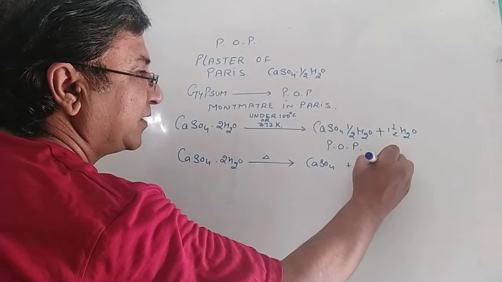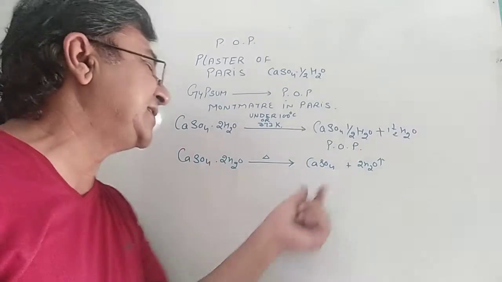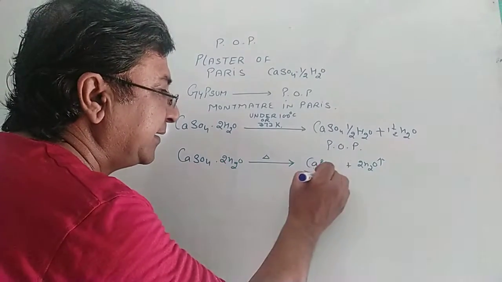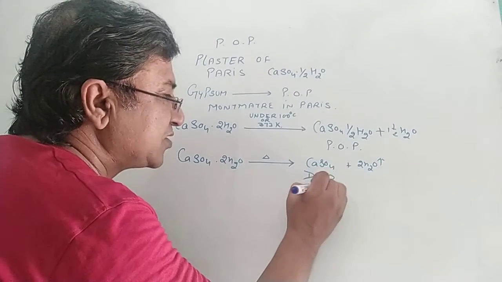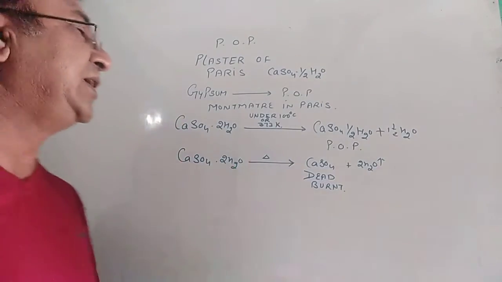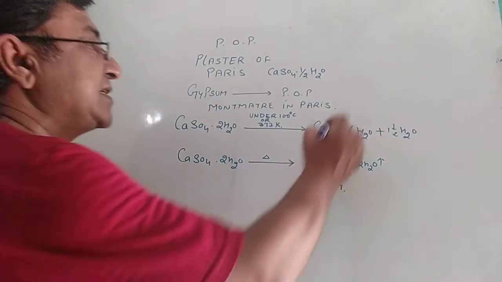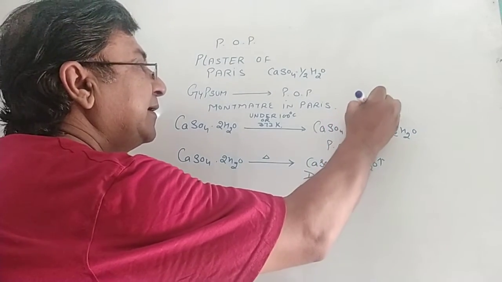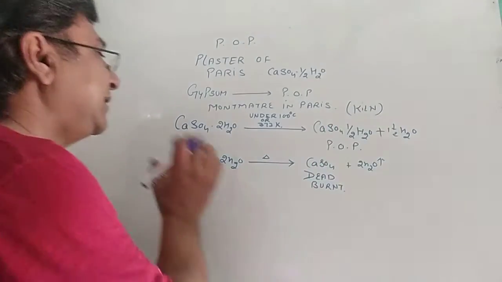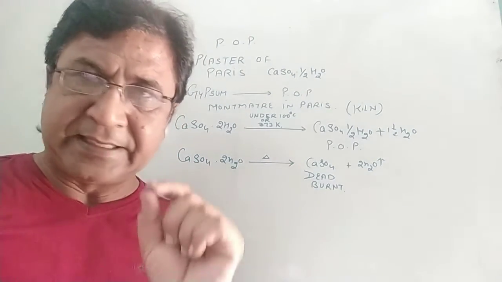If all the water evaporates, only calcium sulfate remains. That is called dead burnt plaster. So it has to be carefully heated under 100 degrees Celsius in a kiln. A specially made kiln for preparing POP is utilized in industries.